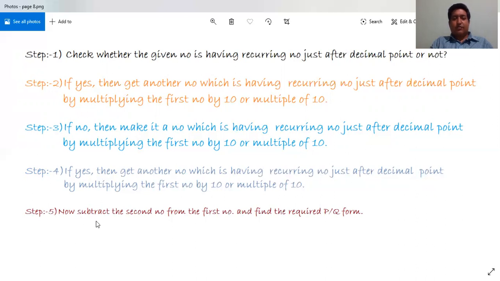And at last we have to subtract the second number from the first number, and find the required p by q form. And this is the nutshell. Okay, so you can read this and it will be helpful. Or else you can repeat the video, pause the video, and try to understand the concept.